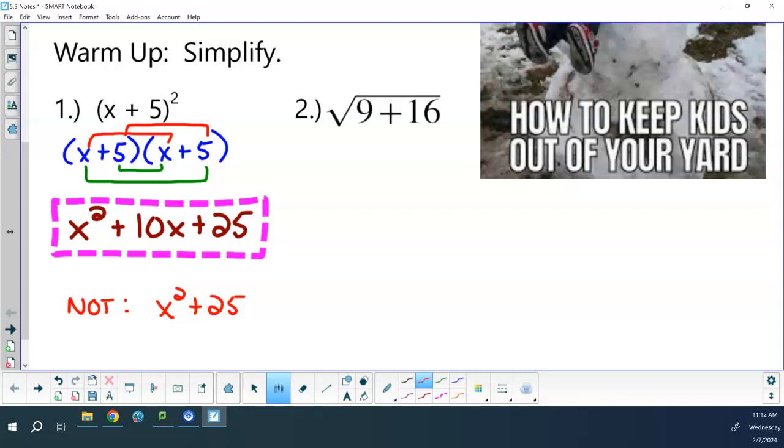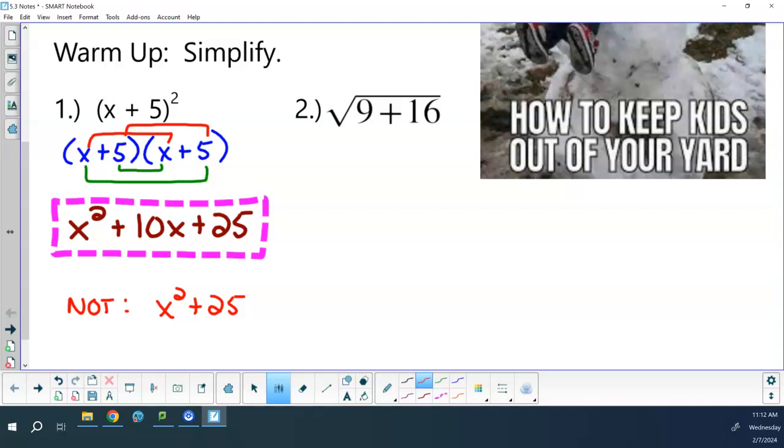In this one, they're just squaring the x and they're just squaring the 5. And they're forgetting about multiplying by the inside ones, the green ones up on top. Okay? So that's the mistake there that many people make. Don't be that one. We'll see that in a minute.